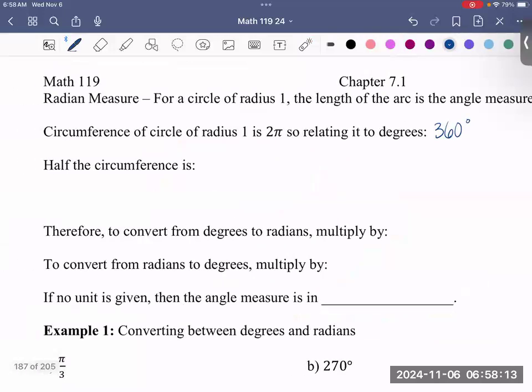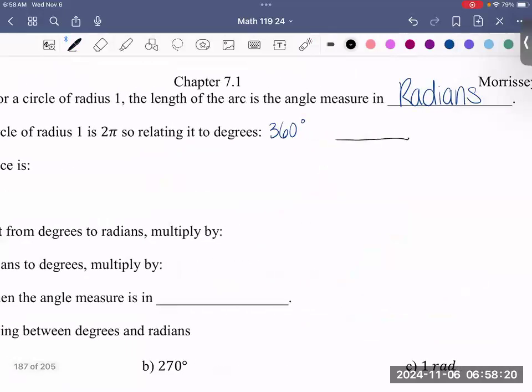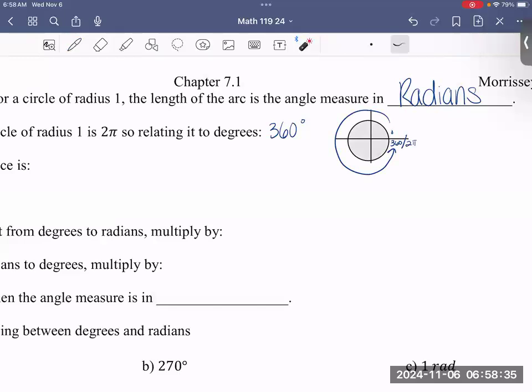Now let's talk about half of your circumference. If that was one full rotation around your unit circle, you started at 0 and went all the way around to 360 degrees or 2 pi. If we need to start to convert, it might be a little bit easier to figure out, what is 1 pi radians? Because this is 2 pi radians.